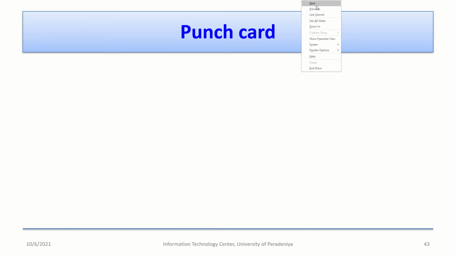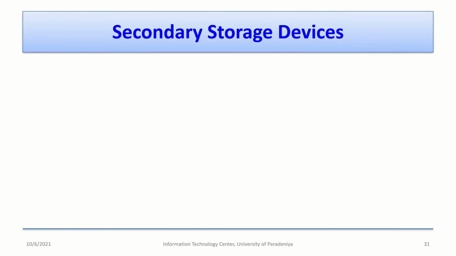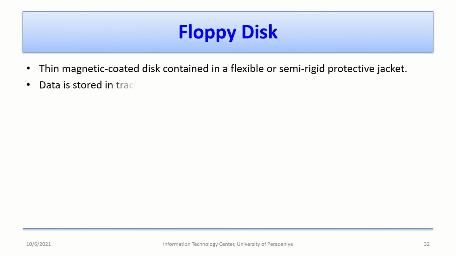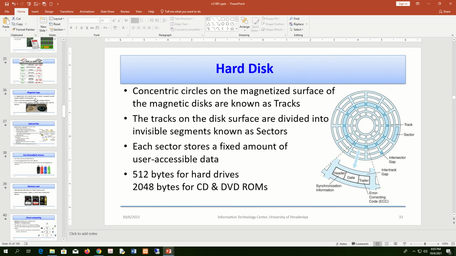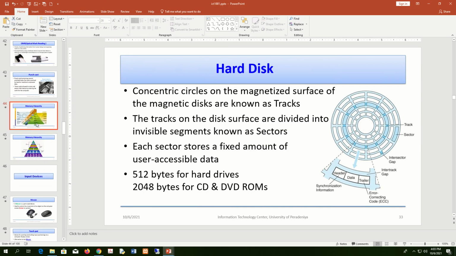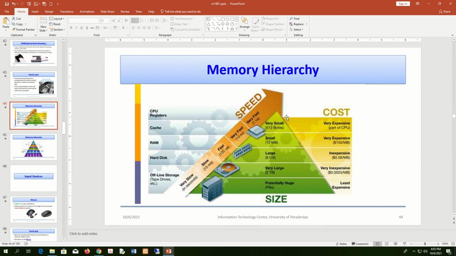So it's better to rewind all those things, the memory hierarchy, because you will be asked questions from those sections, right? Keep in mind the features of this memory hierarchy.